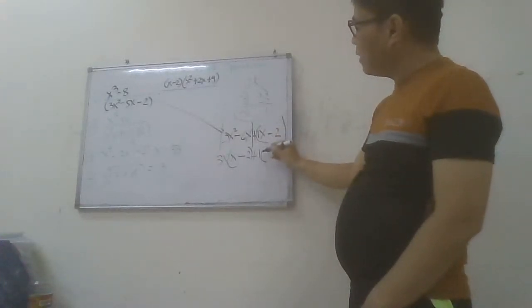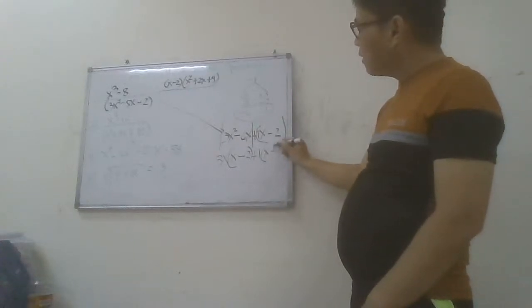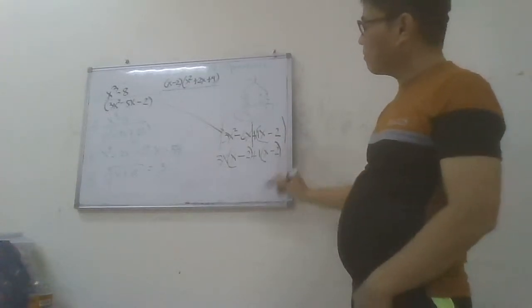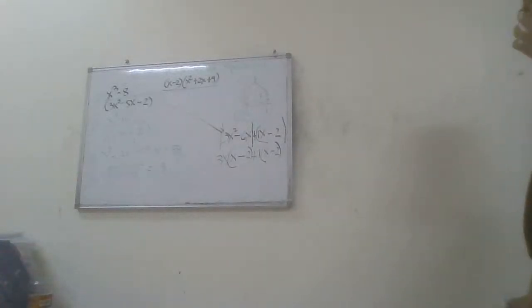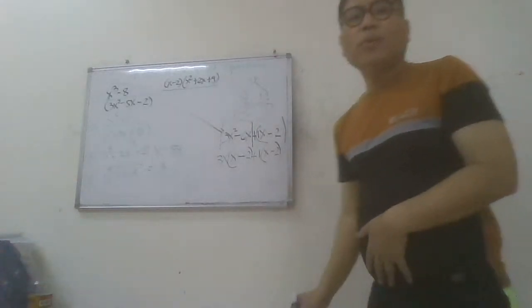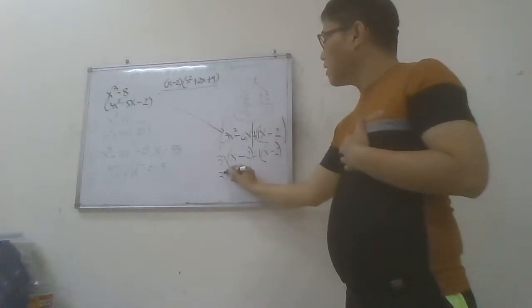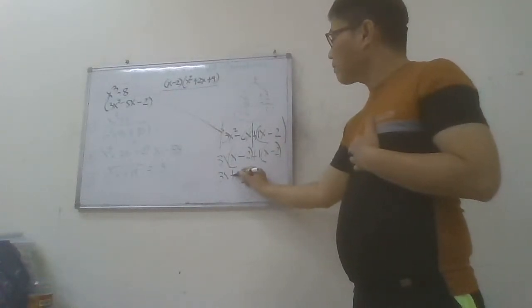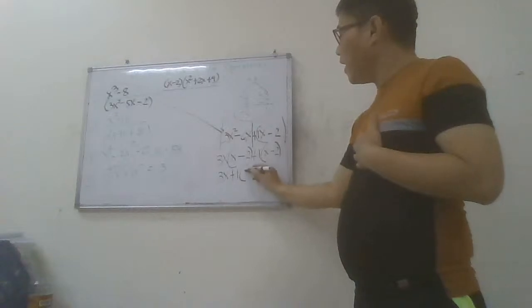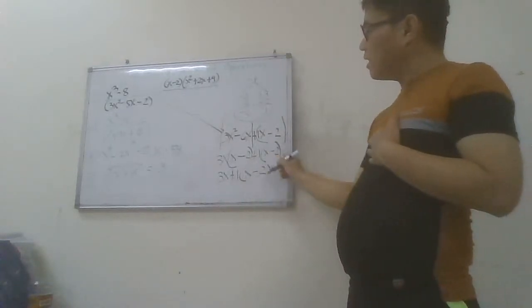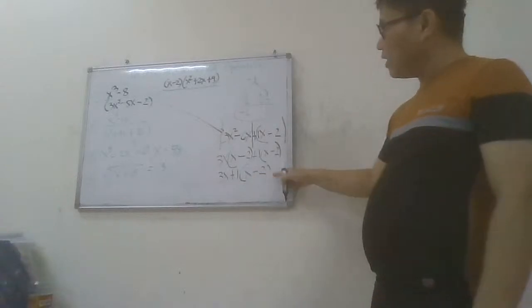So 1x divided by 1 is x, and negative 2 divided by 1 is negative 2. So we have 3x plus 1 times x minus 2, because it is common to both.